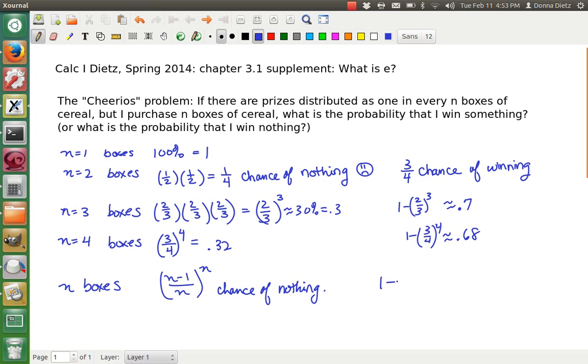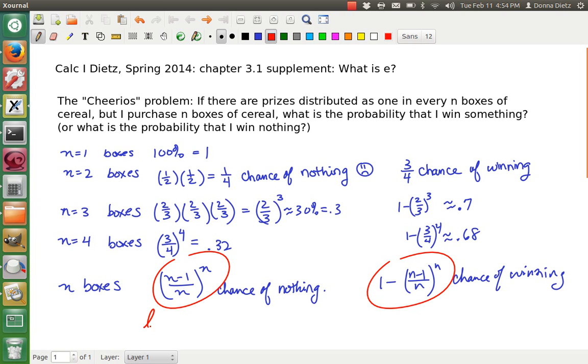And 1 minus this value is the chance of winning. Here you go. And this is the thing, you want either this one or this one, and take the limit as n goes to infinity.